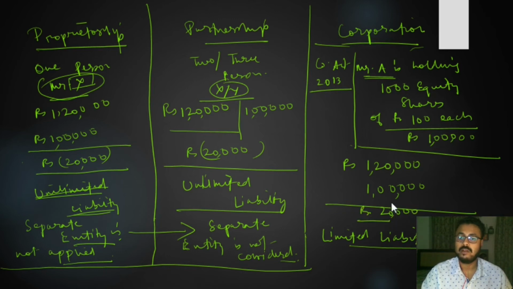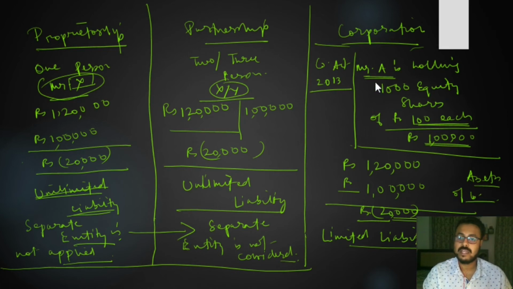He will only pay rupees 1 lakh, the maximum value of the shares that he is holding in the company. He will not pay an additional rupees 20,000 from his pocket. This 20,000 has to be recovered from the assets of the company.